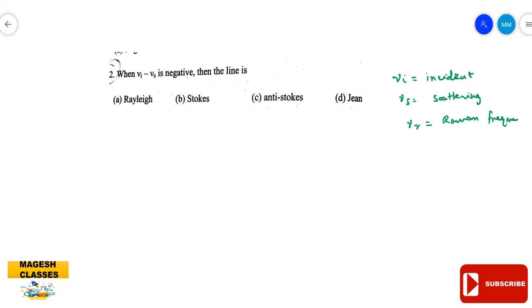In the classical approach, the incident radiation falls on the species. The species can absorb energy or release energy, and so the scattering frequency is greater than the incident frequency, or the scattering frequency is less than the incident frequency.